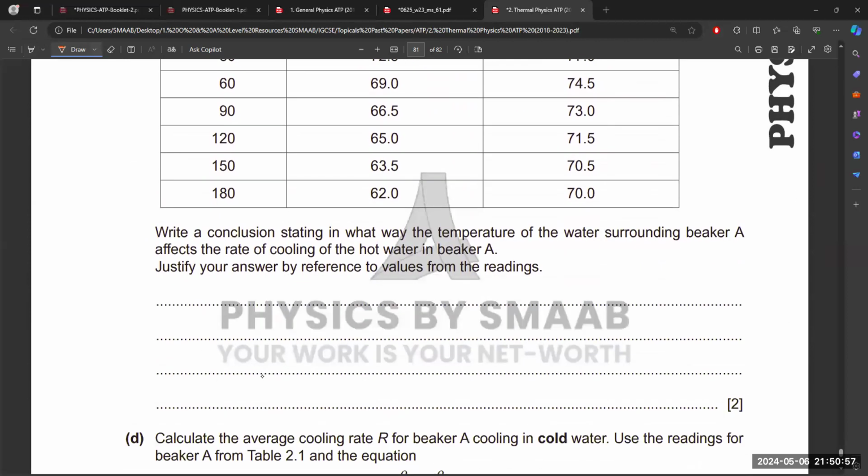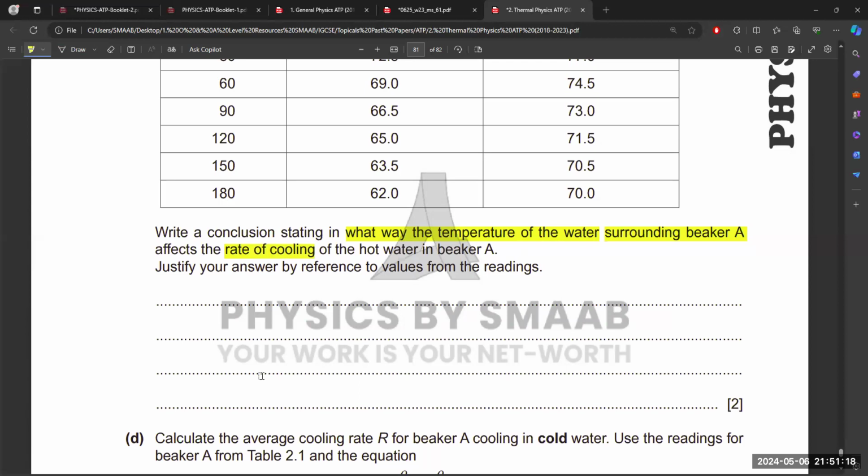Now write a conclusion stating in what way the temperature of the water surrounding beaker A affects the rate of cooling, because in beaker B we filled cold water.